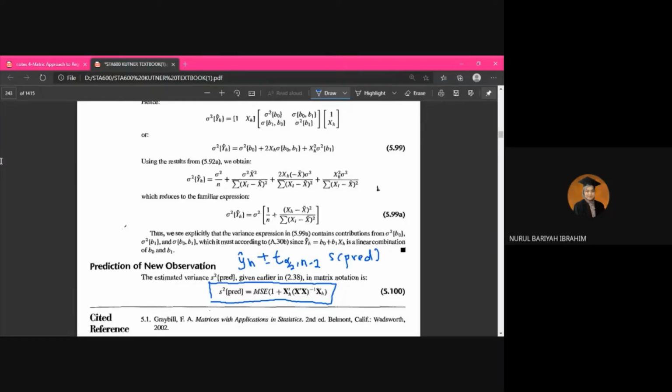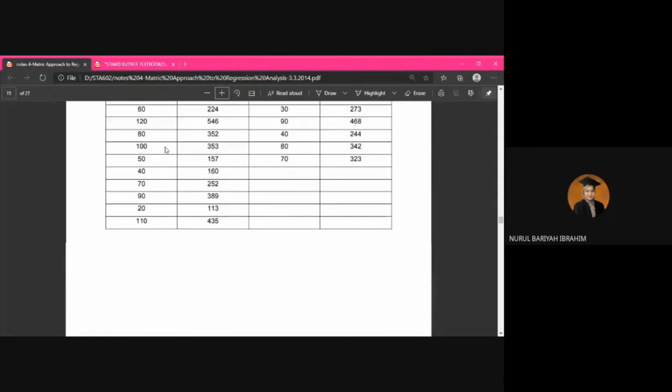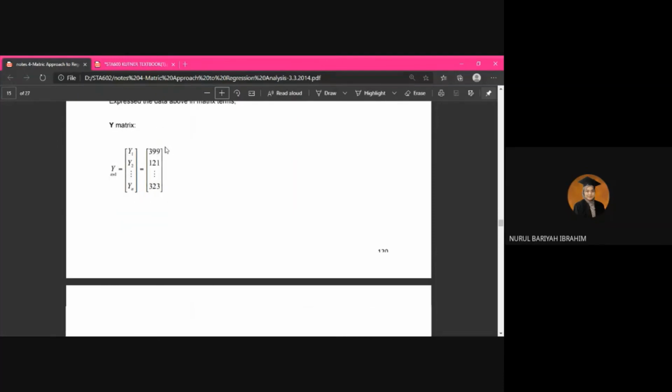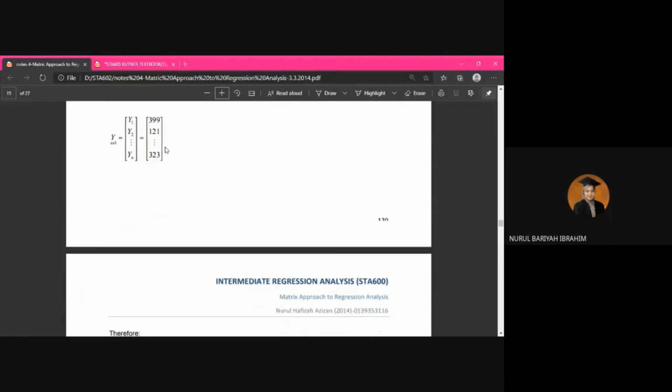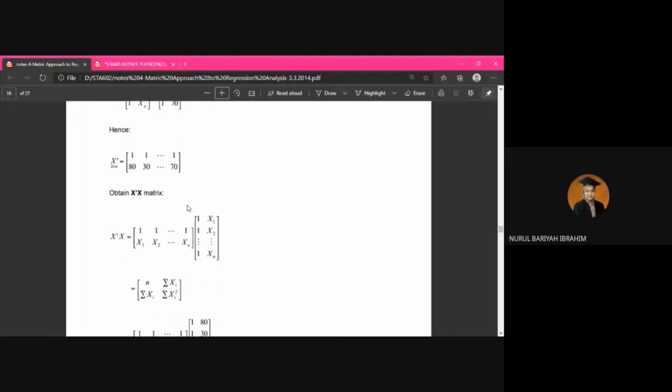If we look at this example, the data has 25 observations altogether, which is quite long. If we want to express it using matrix terms, it will be like this: the Y, and then the X will be this, n by 2, and when we transpose, we get that.